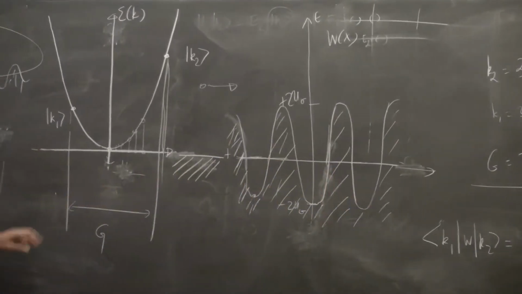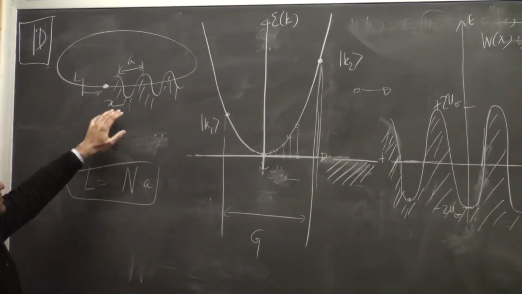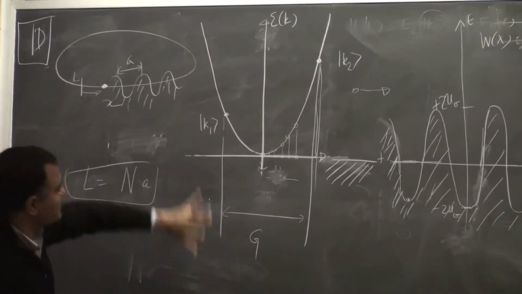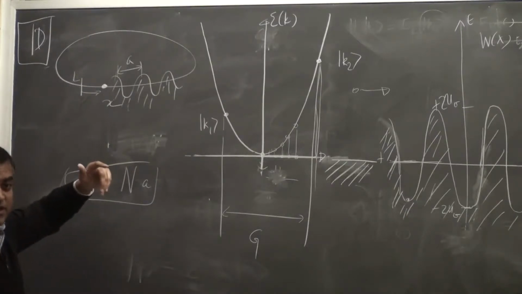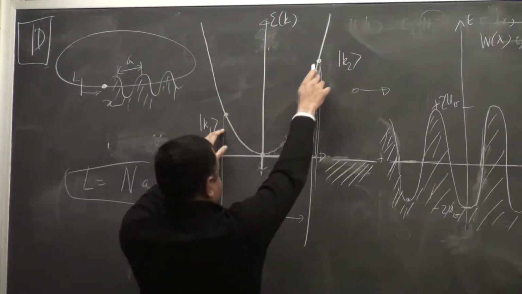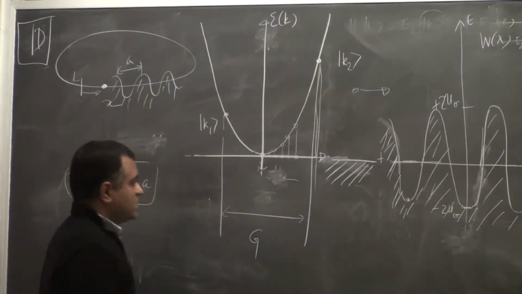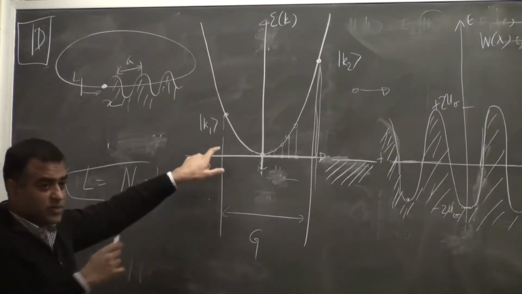And that's kind of the most important part of this perturbation theory result, that we find out which states are getting coupled, right? And we found that now. And it's very precise. It's saying that as long as the states are separated by the reciprocal lattice vector, which is 2 pi by the lattice constant, they're going to get coupled, right?